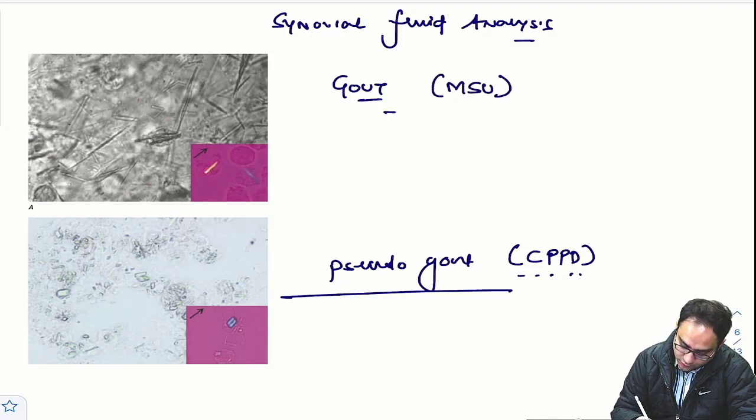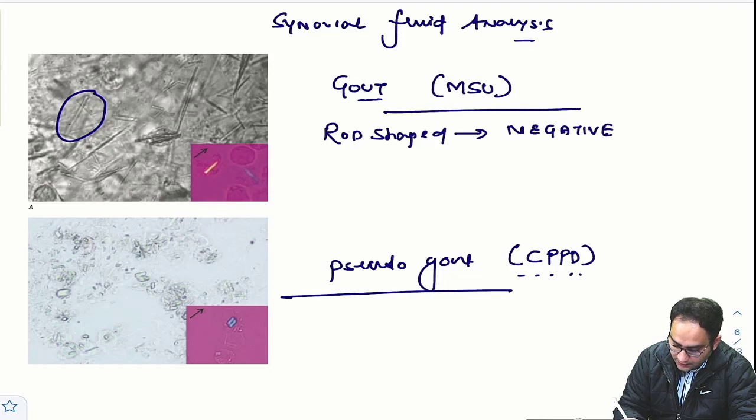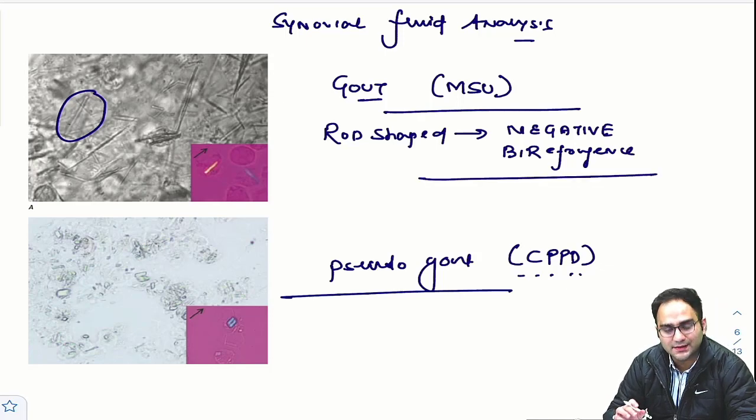the MSU, monosodium urate. As you can see in the figure, in gout there are rod shaped crystals, and they have negative birefringence when you view them under a polarizing microscope.